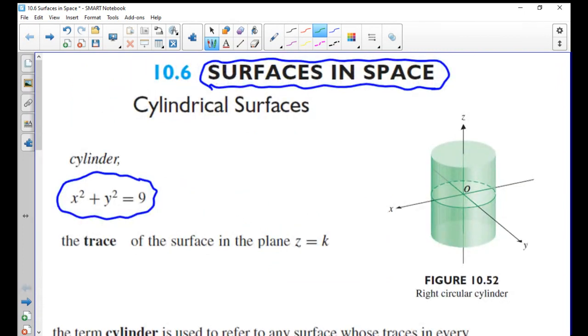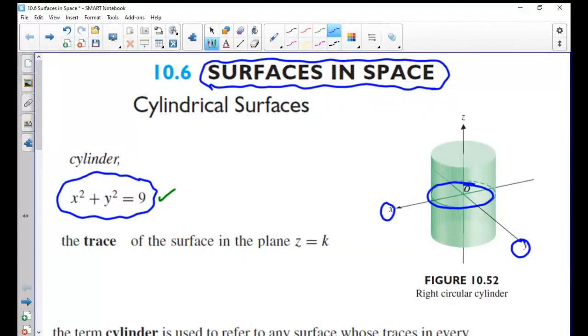In 3 dimensions, what you do is basically first you have the circle here. You can see the circle is drawn here in the plane x, y.